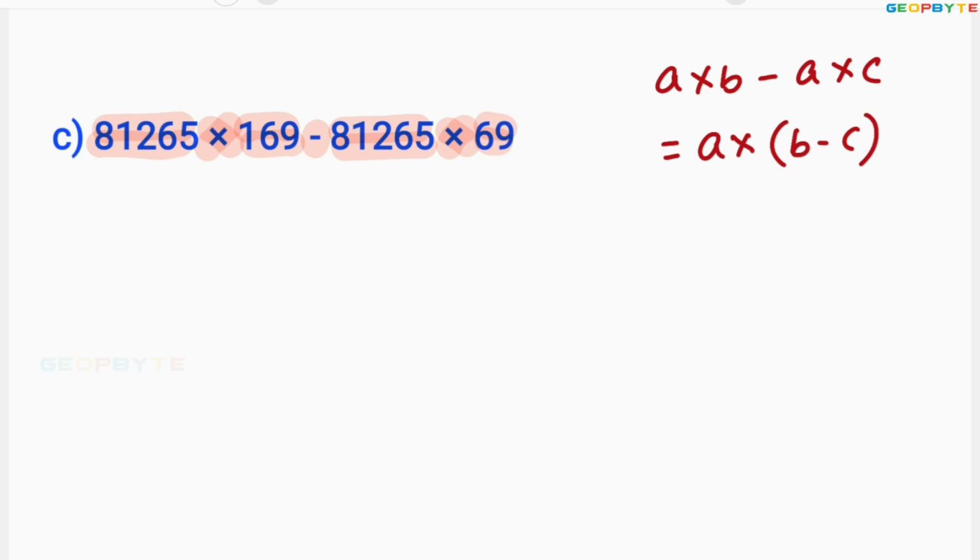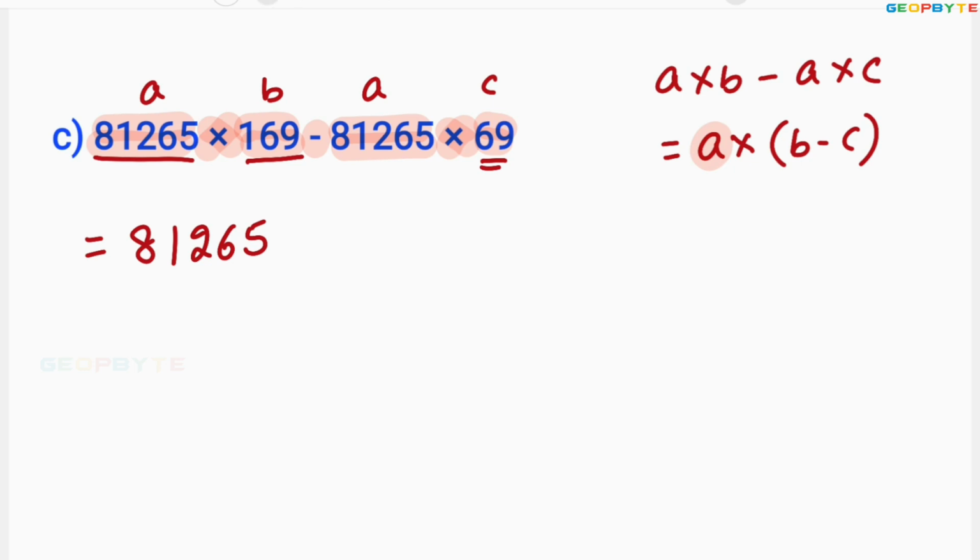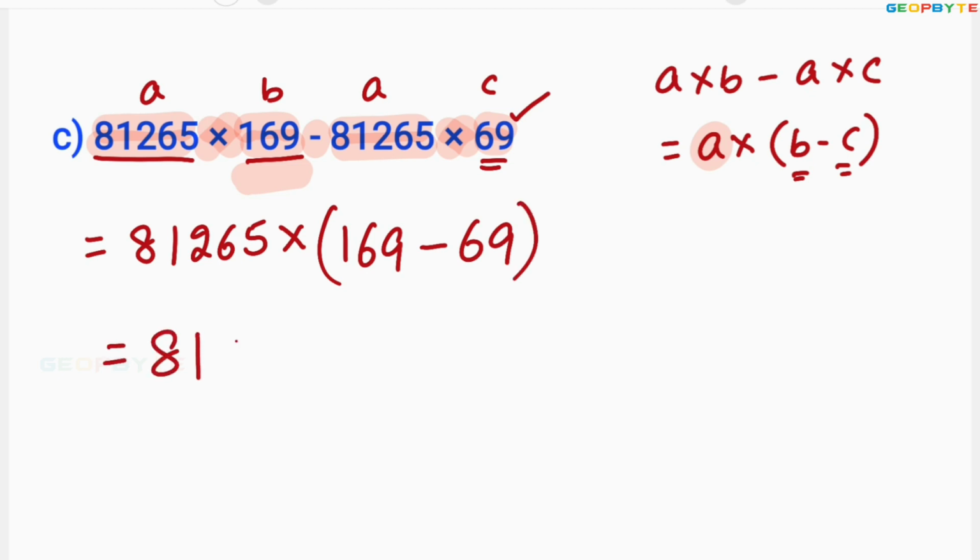Let us assume 81265 is the A, 169 is B, and 69 is C. It can be written as 81265 multiplied by (169 minus 69).